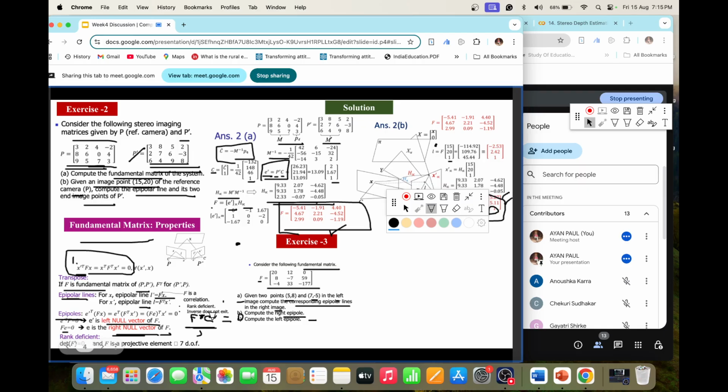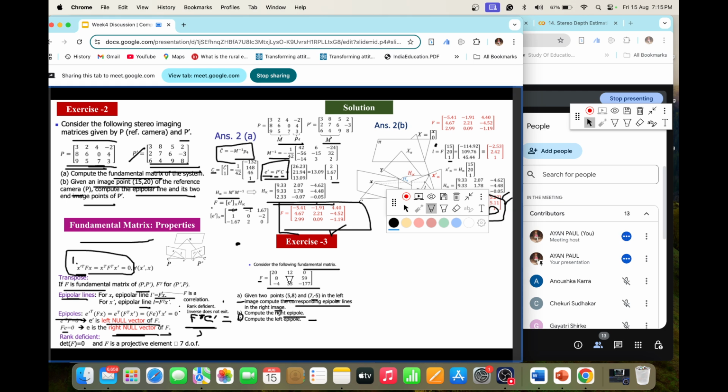E dash we can assume as an epipolar point like x, y, 1. We multiply x, y, 1 with F transpose, and the third row we don't want, because we have only two important points, right? Because e dash will be x comma y comma 1, as it is nothing but an image point.